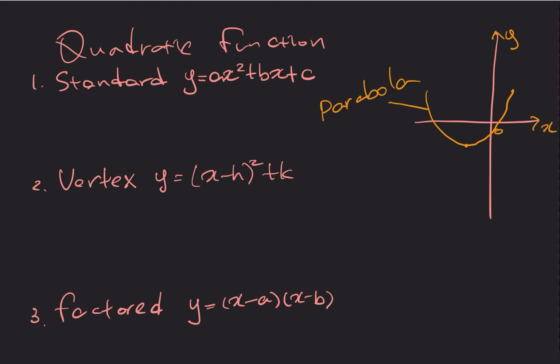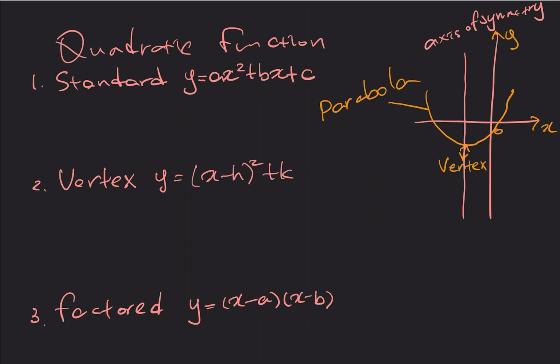And here goes the vertex, and this is the axis of symmetry. The axis of symmetry is right in the middle of the whole parabola.